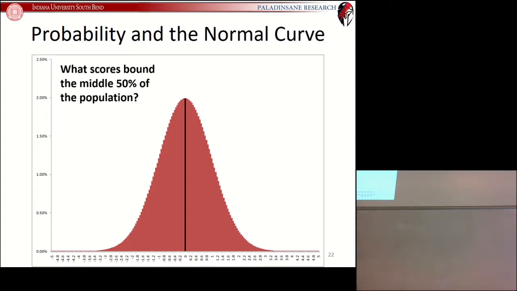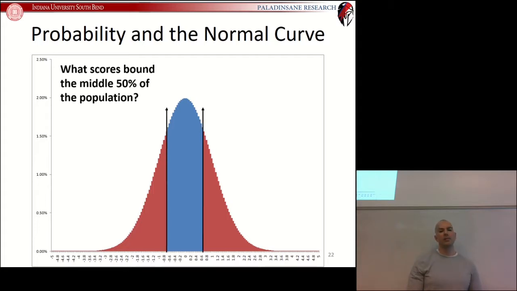They don't need the help. It's not going to be good for GPAs that are extremely low. This program isn't designed for them. It's for GPAs in the middle 50%. What is the middle 50%? We're going to figure out how to discover that it's students that score above a z-score of minus 0.7 up to a z-score of 0.7.